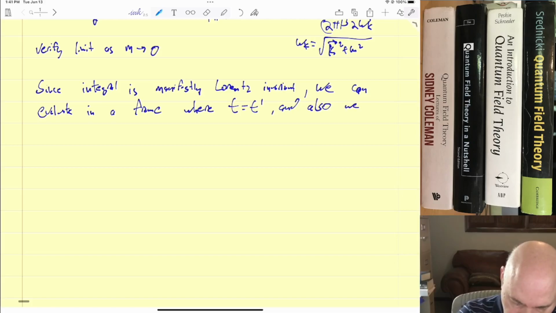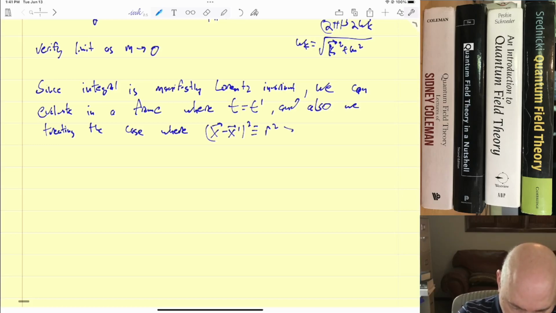So we're treating the case of a space-like separation, where x minus x prime squared, defined to be r squared, is greater than 0.